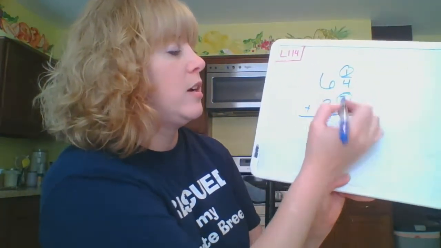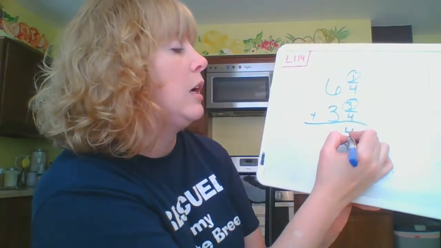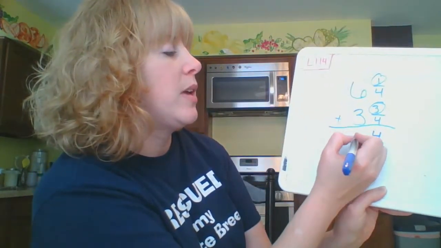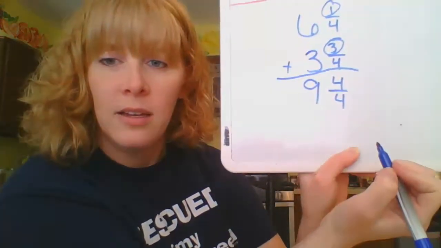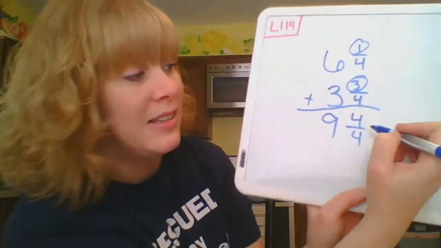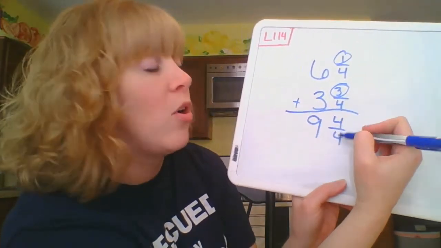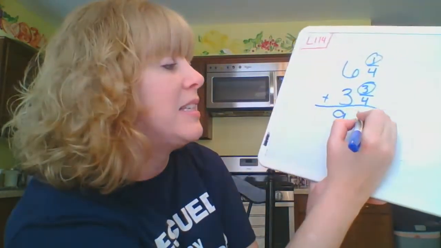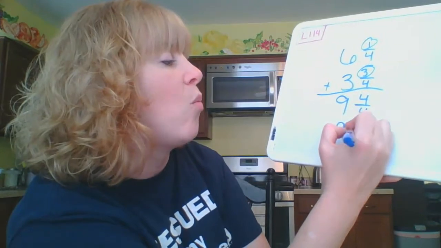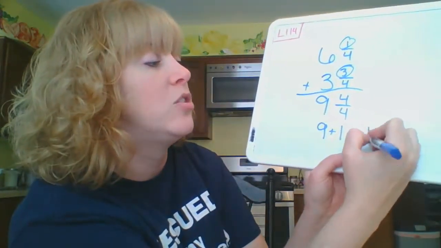Looking at my numerators, paying attention to my operation, 1 plus 3 is 4. 6 plus 3 is 9. But this is not the simplest form. 4 over 4, whenever my numerator and my denominator are the same number, it's the same thing as a 1. So technically it should be 9 plus 1. My answer should be 10.